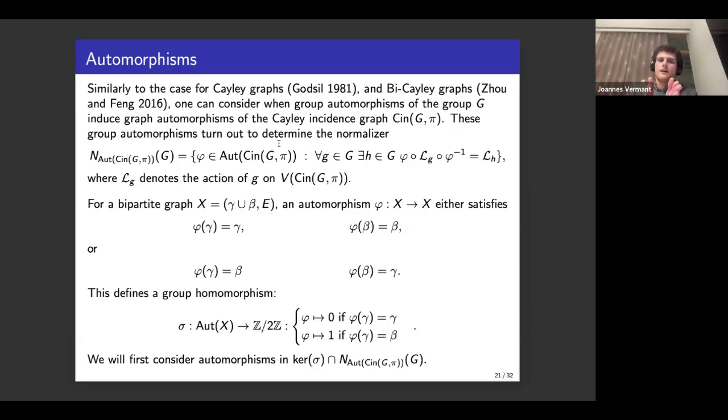It turns out that a graph automorphism that comes from one of these group automorphisms is an automorphism which normalizes the action of the group G. This normalizer is the set of all graph automorphisms phi such that for any g, there exists some other group element h such that phi composed with the left translation of g composed with phi inverse is given by L of h, where L g is the action of G on the vertex set.